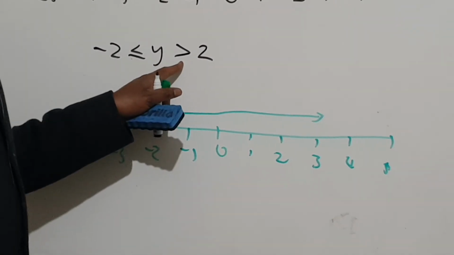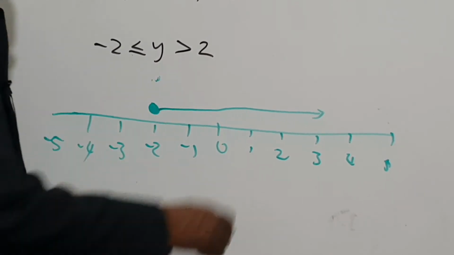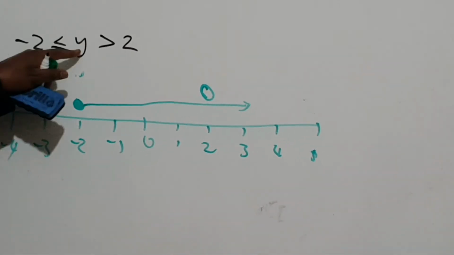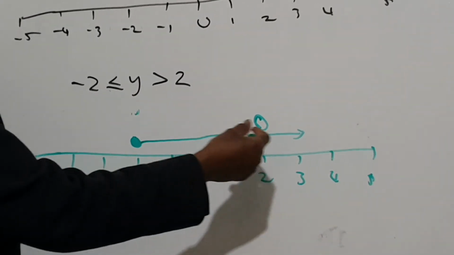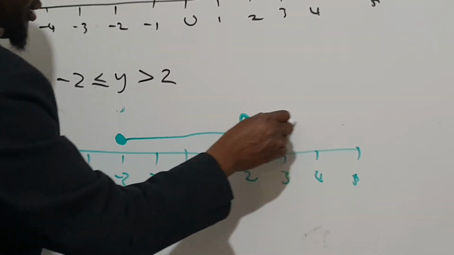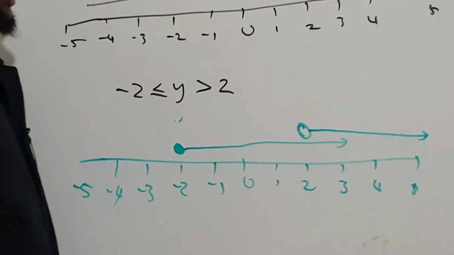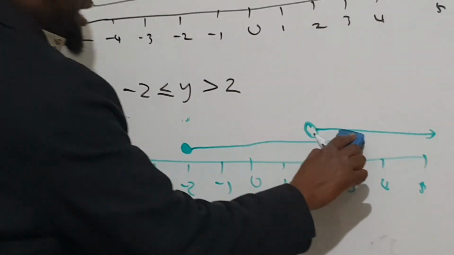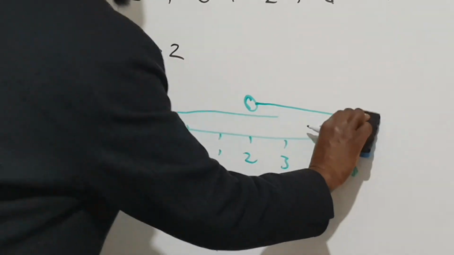It is not equal, so the circle is not shaded. But y is greater than 2. Is it this direction or that direction? Greater than 2 are these numbers. Do you get it? So this is how you depict it. Obviously, you don't put that arrow there. I'm just showing the direction.